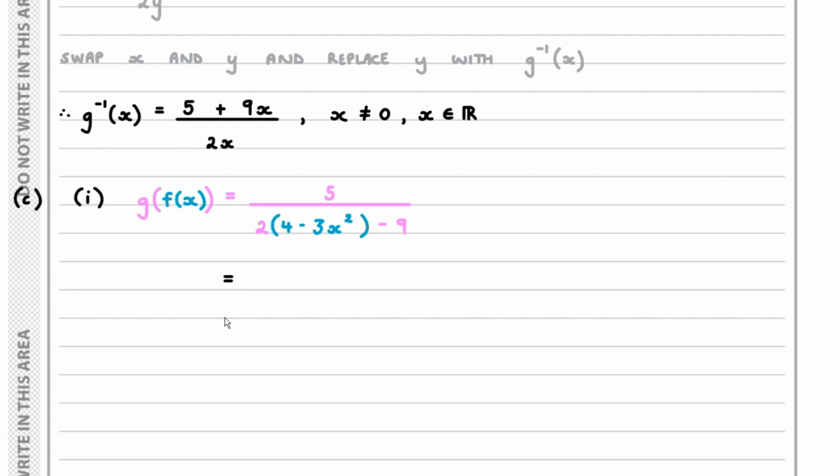If I simplify, on the top we have 5, and on the bottom 2 times 4 subtract 9, that's negative 1, and then 2 times negative 3x squared, that's negative 6x squared. So g of f of x is equal to 5 over (negative 1 subtract 6x squared).